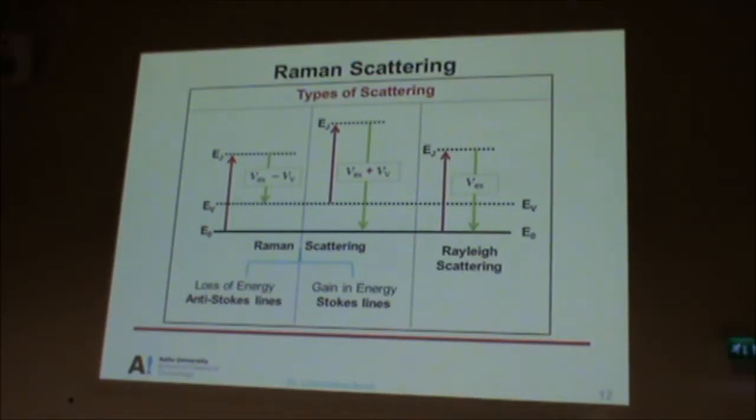In that case, the emitted photon has energy lower than the excitation photon. Okay, so in this process, the excitation photon has lost some energy and then scattered out. In that case, the loss of energy, those lines are called anti-Stokes lines.